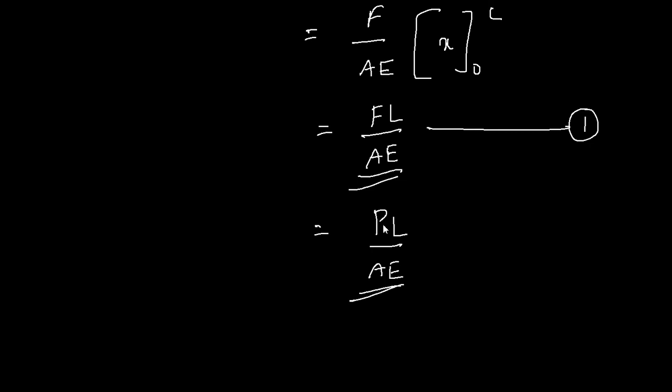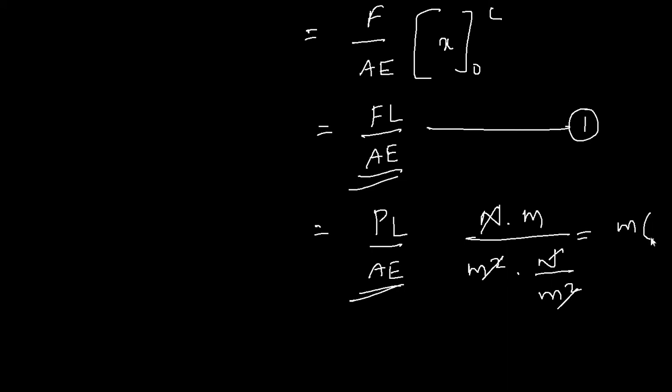P and F are the applied load in Newton. The unit of this equation will be Newton times meter over meter square times Young's modulus. The unit of Young's modulus is Newton per meter square. So the unit of PL by AE is the length unit, meter or millimeter.